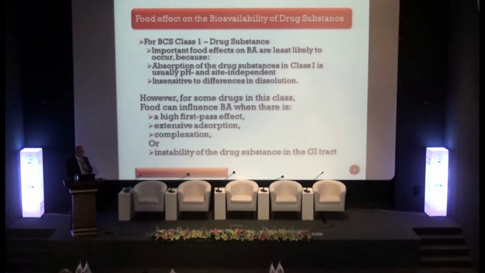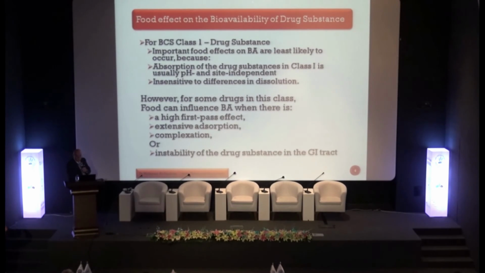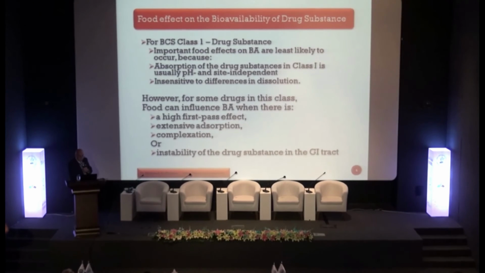For BCS class 1, which is highly soluble, highly permeable, nothing will stop them. They will go through regardless because they are pH and site independent. That's why you don't expect anything to affect the dissolution of BCS class 1, and hopefully it will be insensitive to any changes.